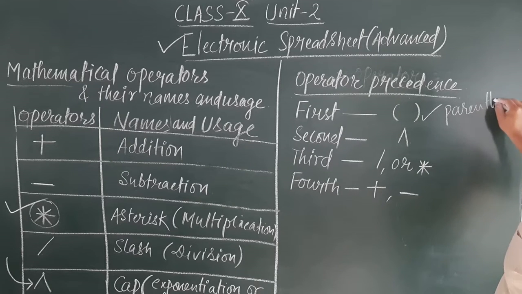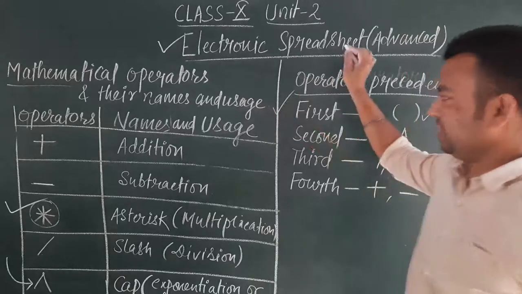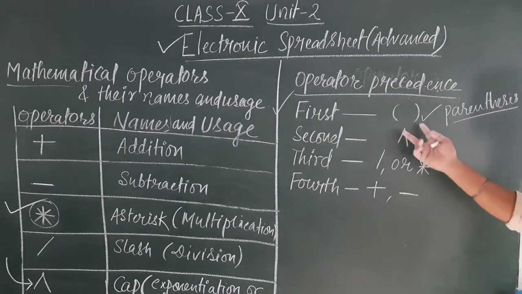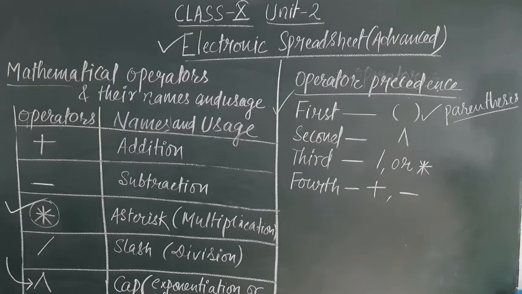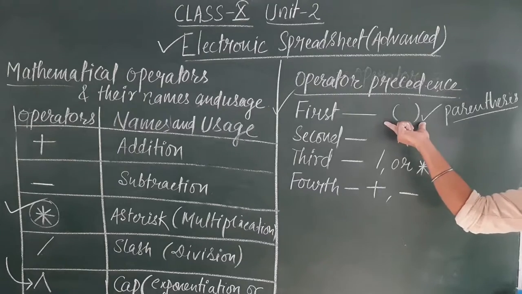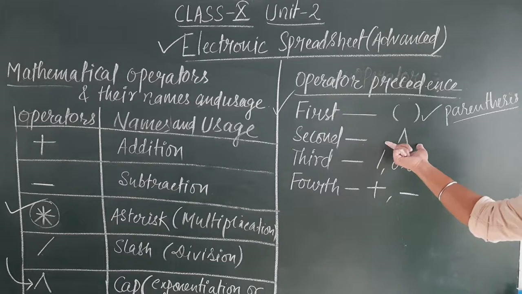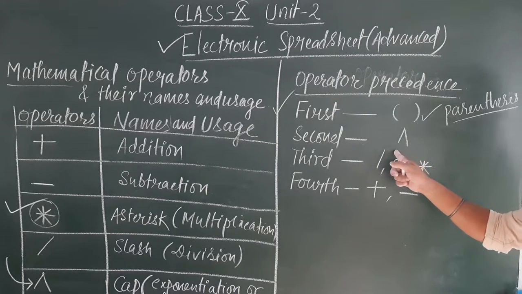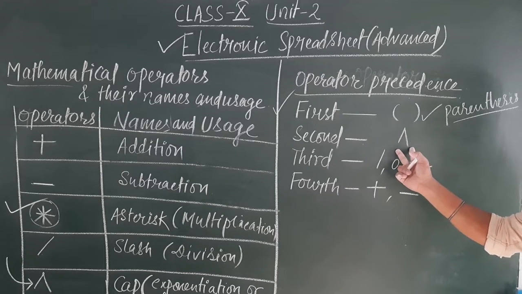Whenever an expression has parentheses, the first preference or first precedence should be given to parenthesis. Then our second precedence will be given to the cap operator, meaning the power operator, exponential. After parenthesis, the exponential operator will come into play.